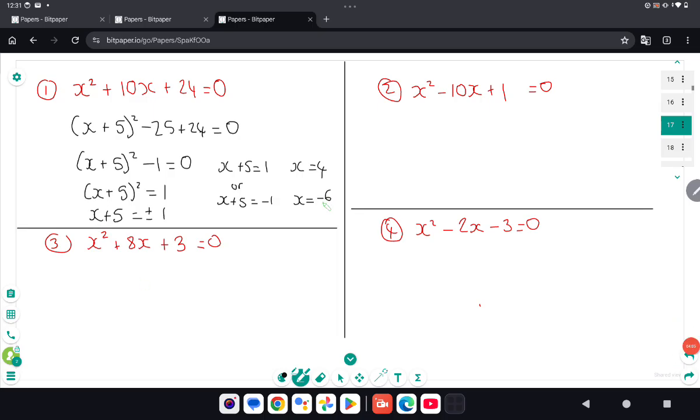Okay, question 2. Again, half of 10 is 5. Minus 5 times minus 5 is positive 25, so we need to take it off. Simplify. Add 24 to both sides.